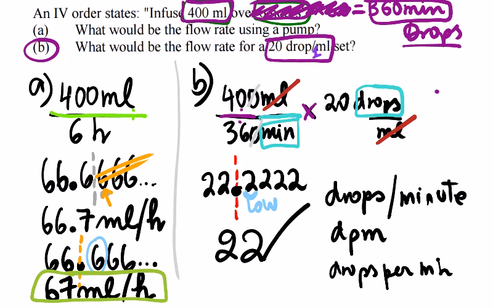Final answer, 22 drops per minute, or DPMs. Of course, we would not use a decimal answer, because drops, like other things that you can think of, we don't use decimal numbers to express those elements.